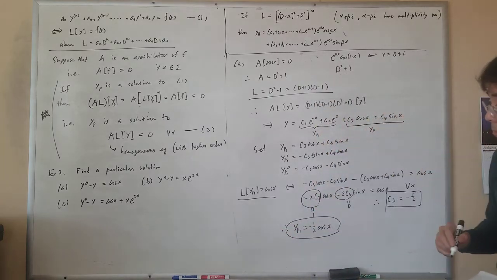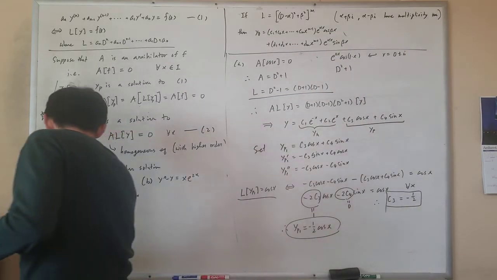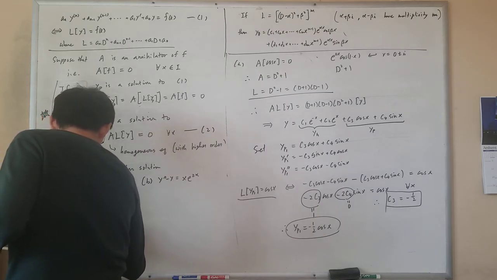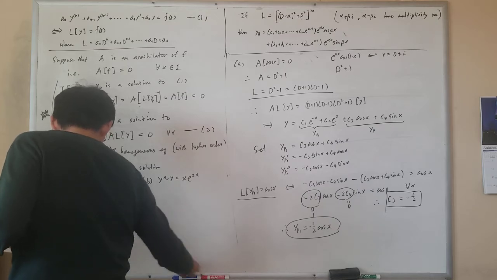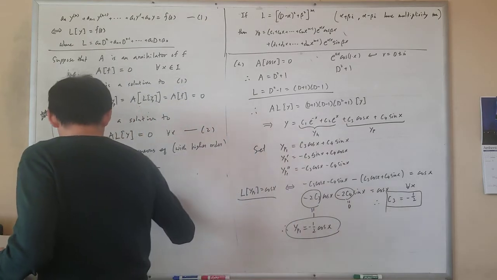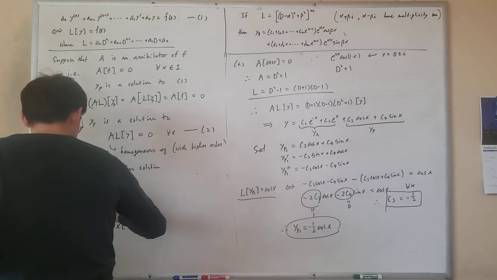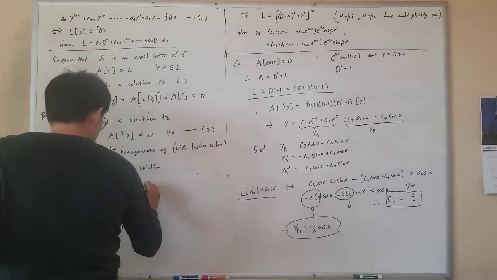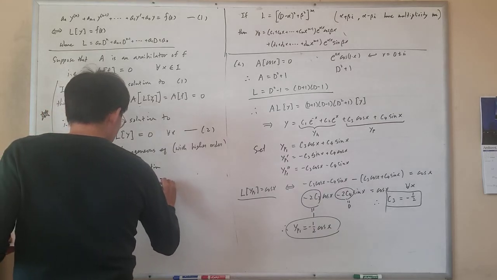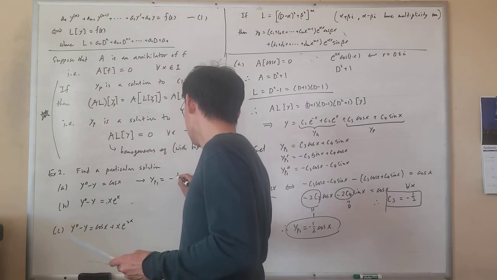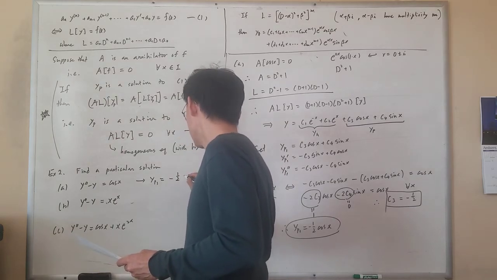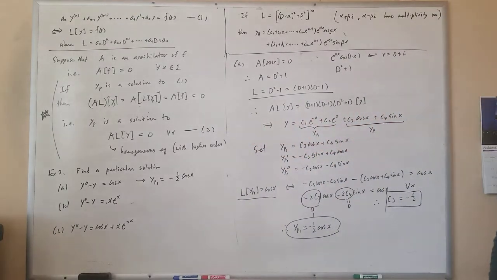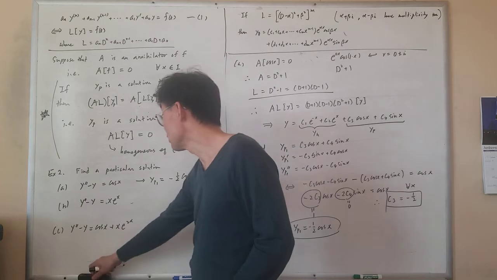Alright, so I'm going to write it here and rewrite it. So here we just found the particular solution for this one is minus 1/2 cosine of x. Okay? Now let's find the particular solution for this one.